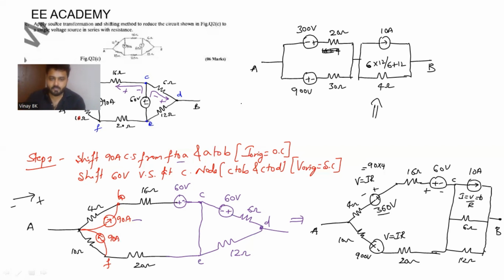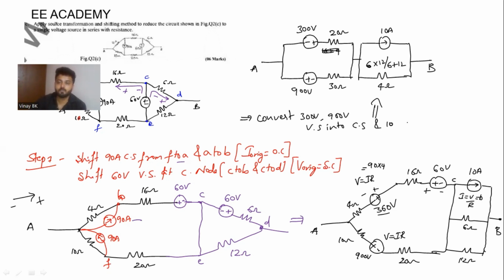So next step, what you do is convert 300 volts and 900 volts voltage source into current source, and 10 amperes 4 ohm current source into voltage source. So once after doing that, you can get equivalent values. Okay. So now I will rewrite that question. So having from A, like this circuit you have.